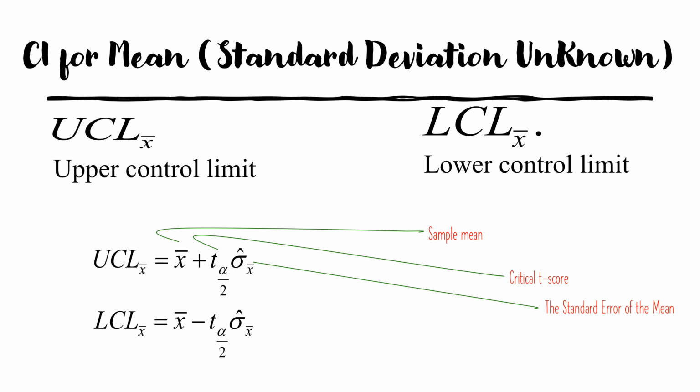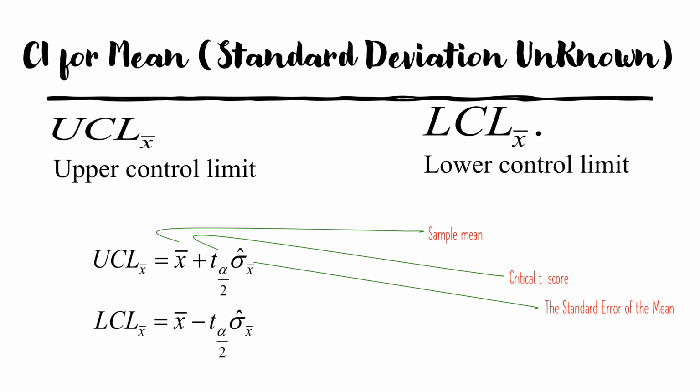Now, computing the confidence interval for the mean when the standard deviation is unknown is somewhat similar to the formula we were using before when it was known. This time we replace our z criticals with t criticals, and there's a little hat above our standard error of the mean when we use the sample to calculate that.